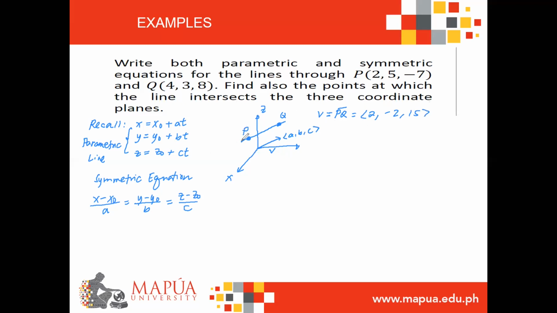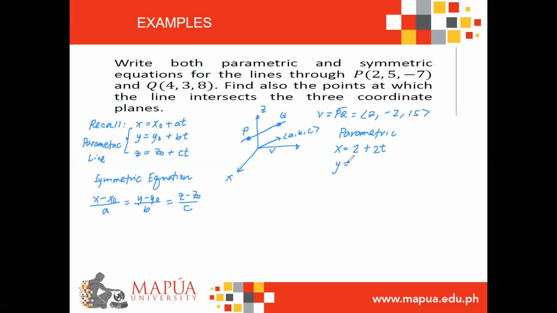And using our initial point to be P, the parametric equation of your line L will be x equals x sub 0, where x sub 0 comes from the coordinates of your point P, which is 2, plus your a from your vector v, so that is 2 plus 2t.